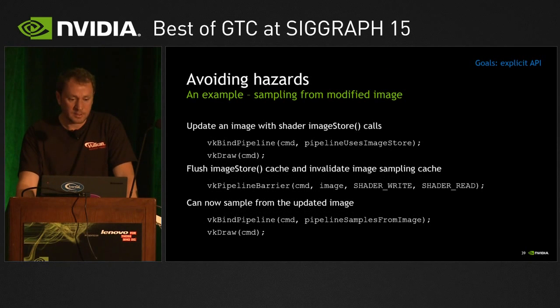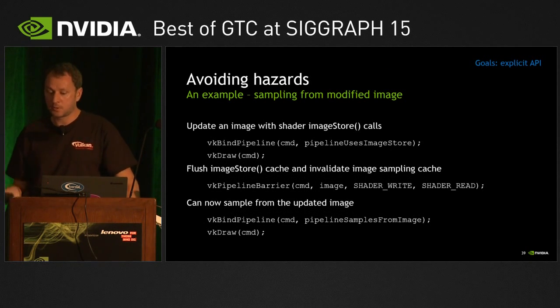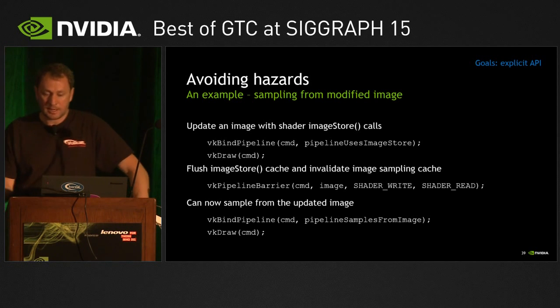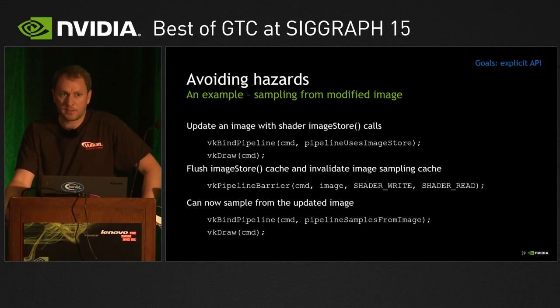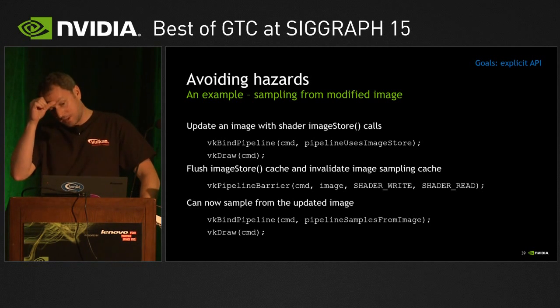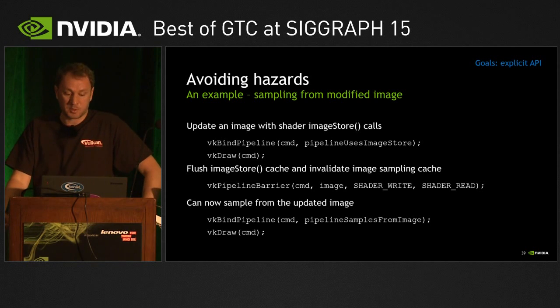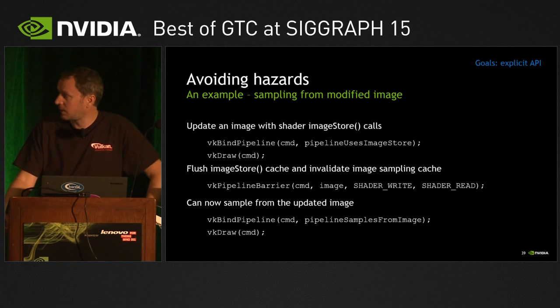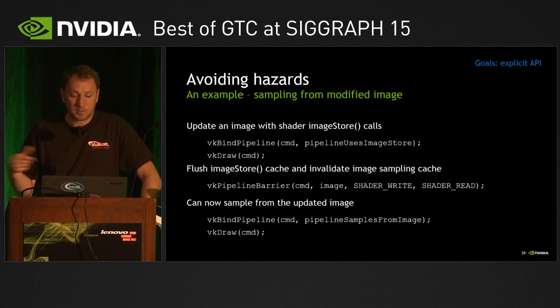So it's the application's responsibility to deal with hazards. OpenGL used to do this, and OpenGL used to have to track state and figure out the dependencies between different uses of your buffers. Now it's the application's responsibility. For example, if the application is updating an image buffer with image stores, and then later on a separate draw call wants to consume those updates from the image by sampling the image, they have to be explicit.